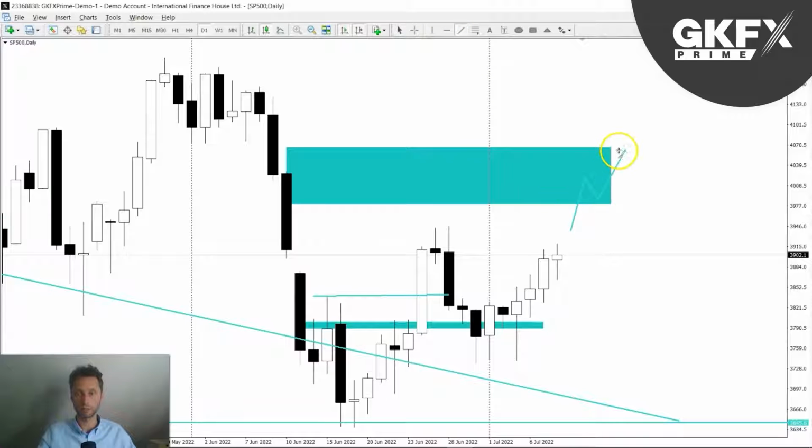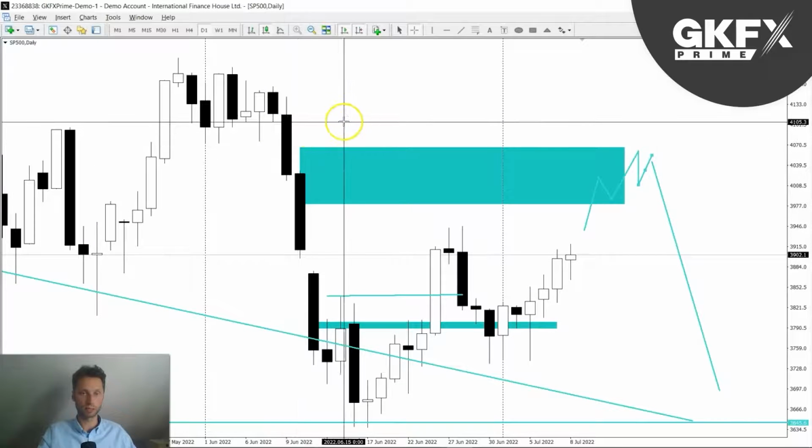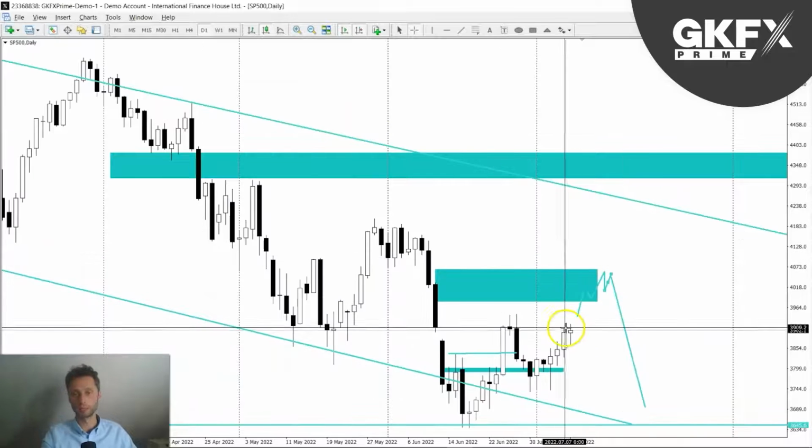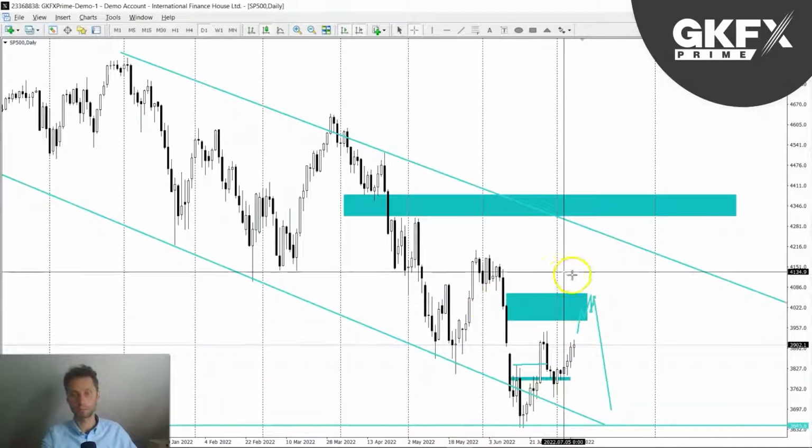Obviously I have no idea how it's going to happen, but let's see if there is some kind of pattern, if there is anything, and a possible drop to the downside. And again, we want to see big bearish candles like this. That would indicate the continuation to the downside from up here.